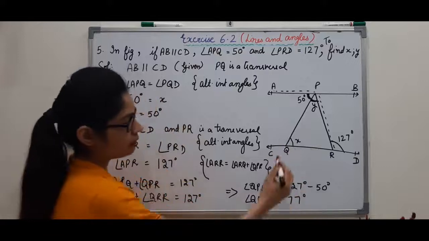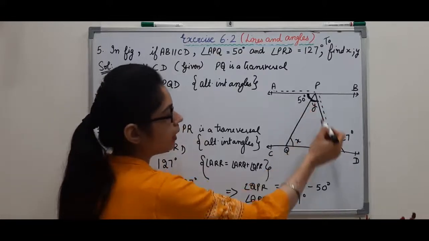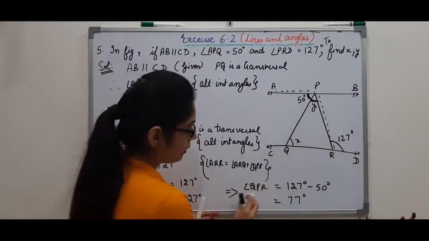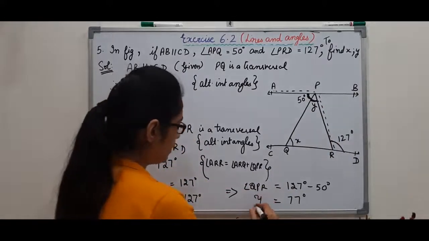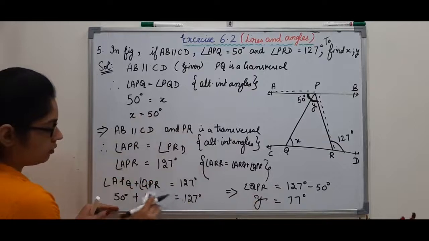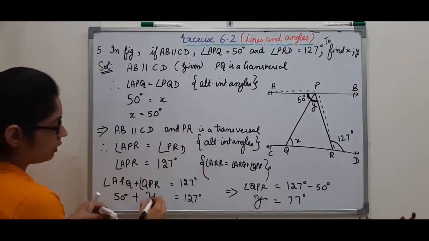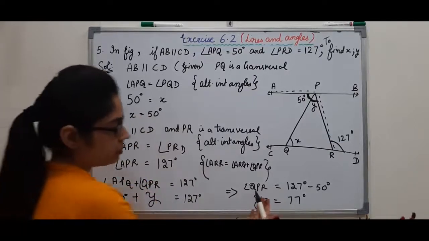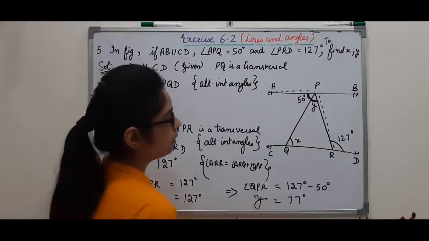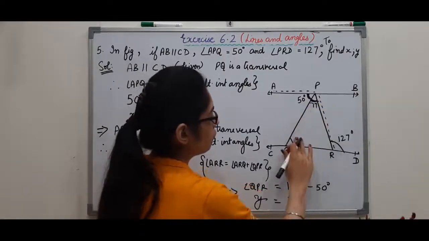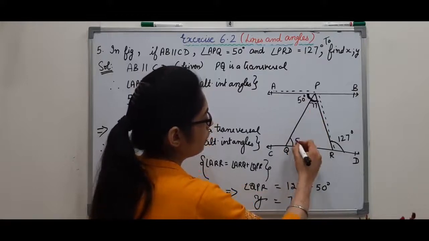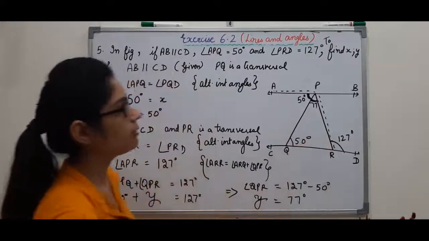We know from here itself we can see QPR is equal to Y. So instead of QPR, let's write it down as Y. From here also we can write it down, because we know angle QPR is equal to Y. So we got the value of Y is equal to 77. So X is equal to 50 and Y is equal to 77.